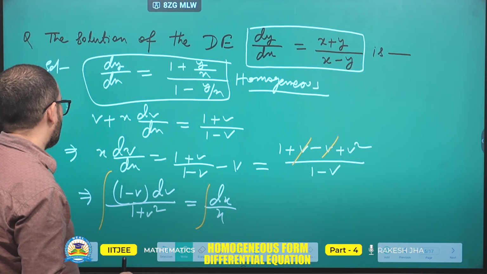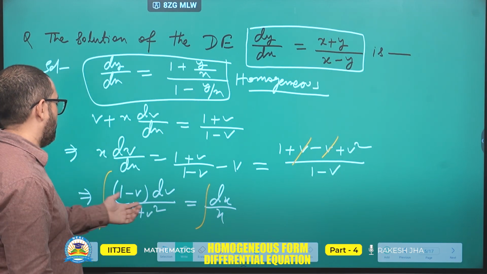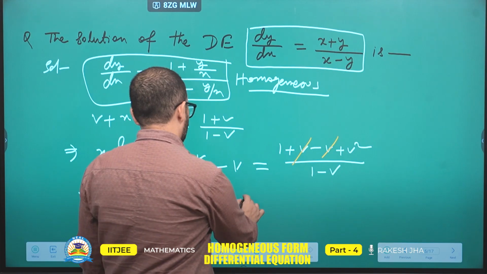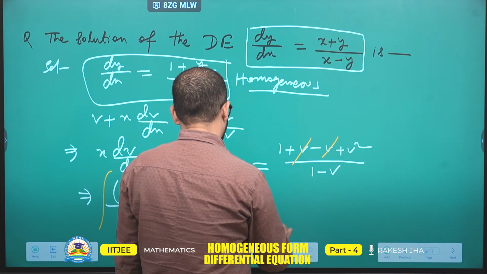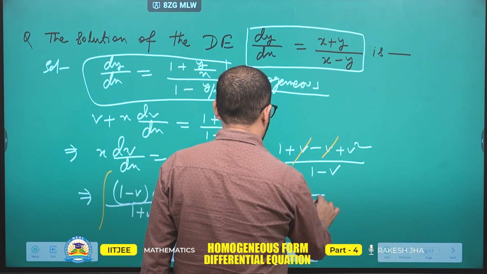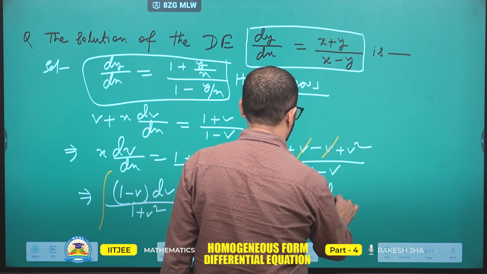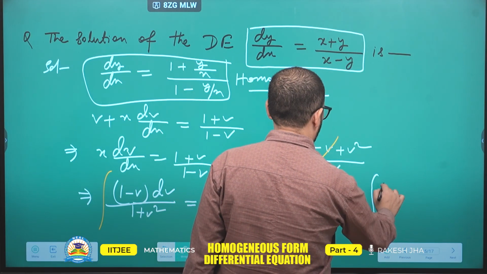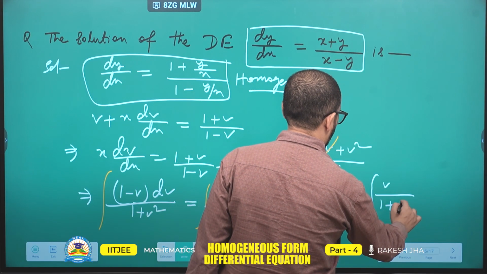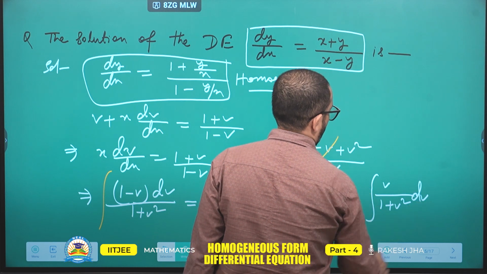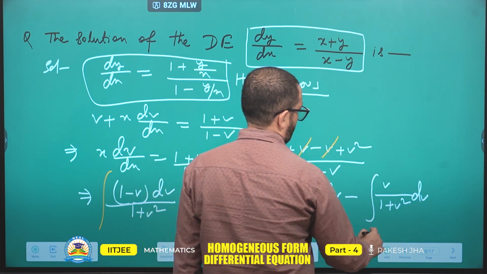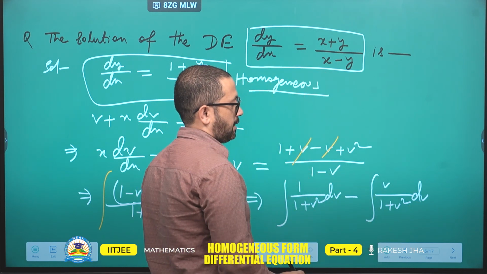So here what we can see is we can segregate it. If you segregate it, it would be 1 upon (1 plus v square) dv, then minus v upon (1 plus v square) dv, and this will be written in the substitution.